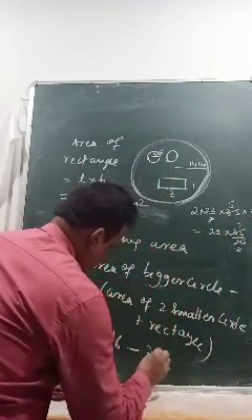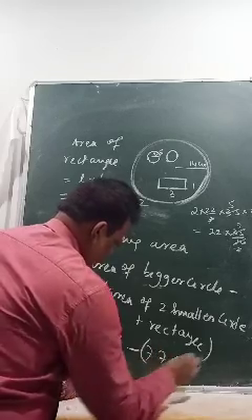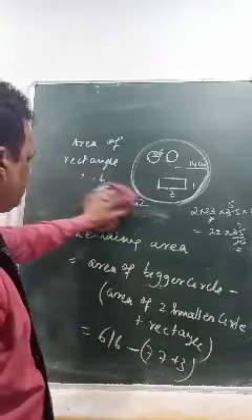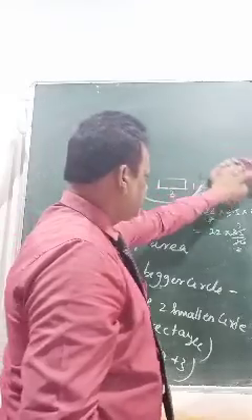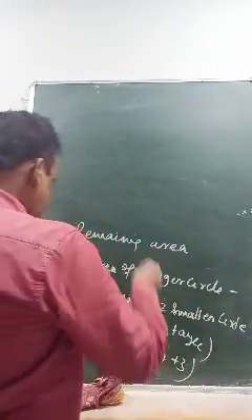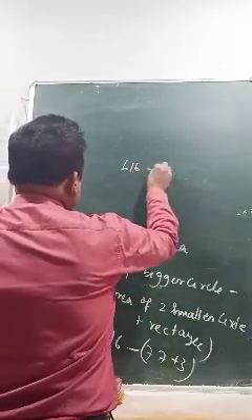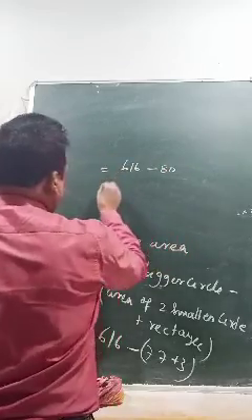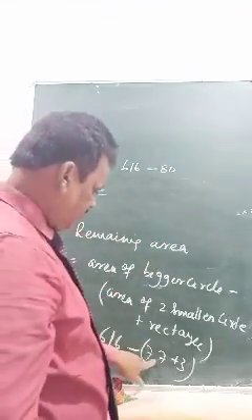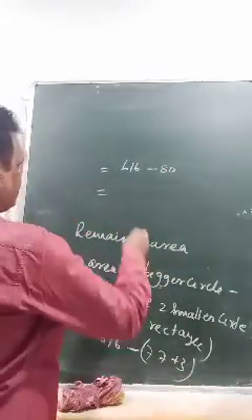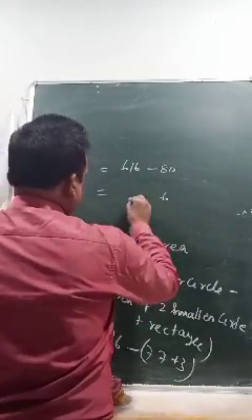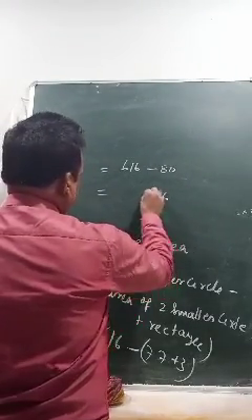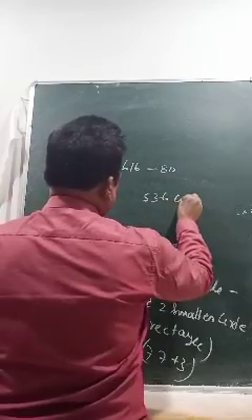This was 77 plus 3. Okay. So how much you got? 616 minus 80. These two 80. How much you got? 635 centimeters square.